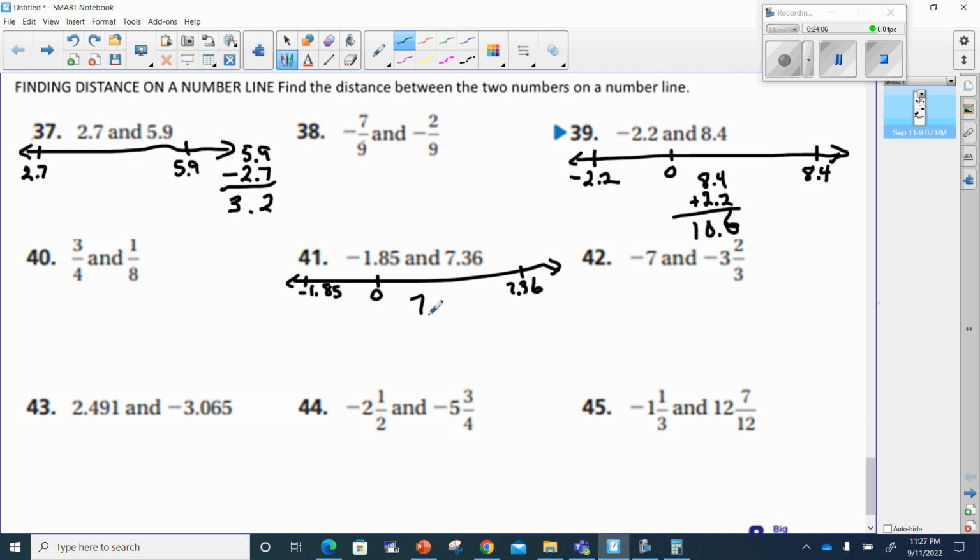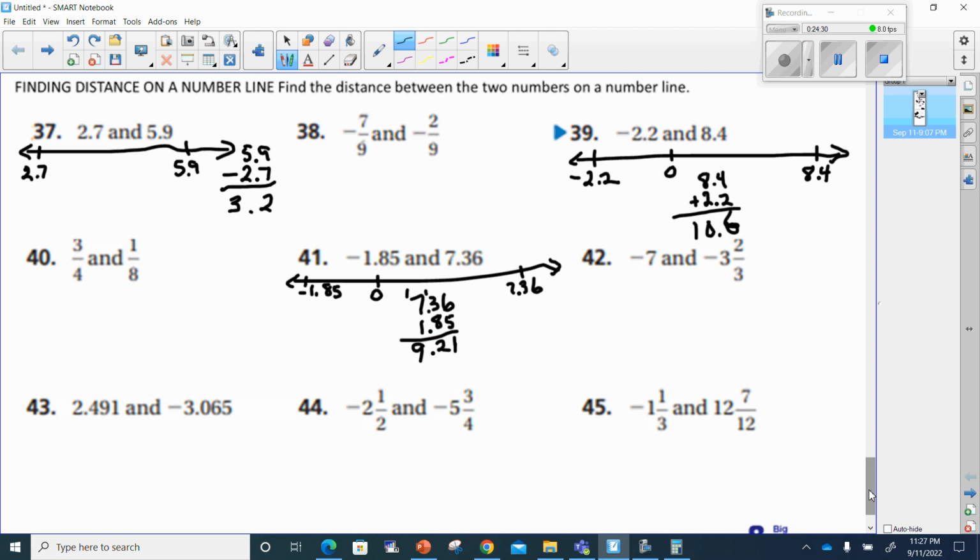So this is going to be 7.36 added to 1.85. This is going to give me 1 here, the 1, 8, 9, 10, 11, 12. Here, the 1, 7, 8, 9. So this would be 9.21.